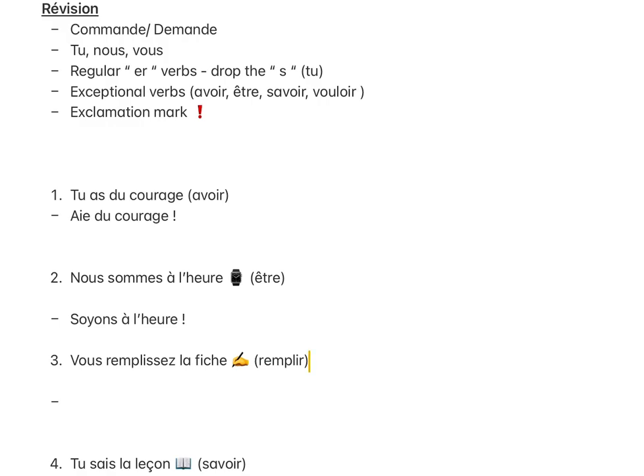Vous remplissez la fiche, which means you fill in the form. The subject pronoun is vous. The conjugated verb is remplissez, which belongs to the verb remplir, which means to fill or to fill in. Now, the verb remplir is a regular IR verb.